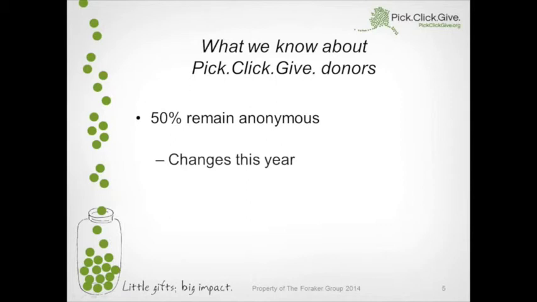Otherwise, as they continued to move through the process, it defaulted to anonymous. This year, that's going to change. This year, donors will be required to choose to disclose or remain anonymous. So we're hopeful that that will increase the number of people that are disclosing their information, in the hopes that people were just moving through their application and not realizing that they were remaining anonymous. So we'll see how that changes our information this coming year.